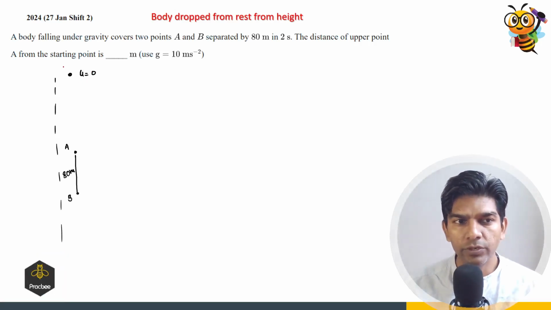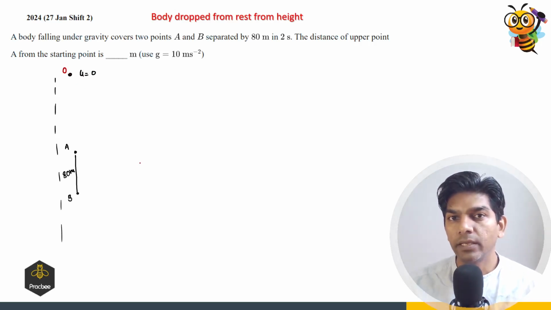So what I'm going to do, let me call the initial position as O. Now let us apply equations of motion between OA and OB. Why am I taking O, the initial instant? Because the initial velocity is 0. It makes our calculation easier.